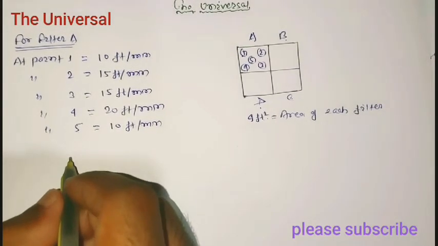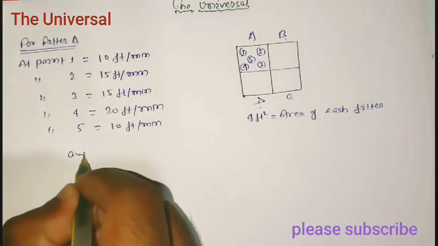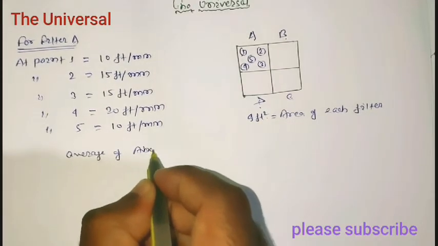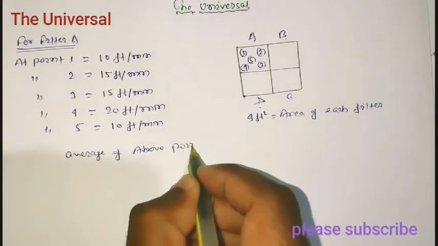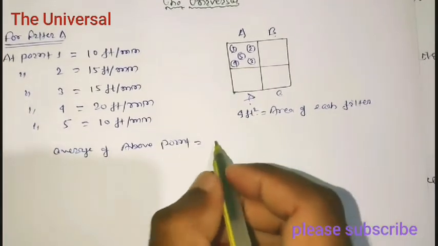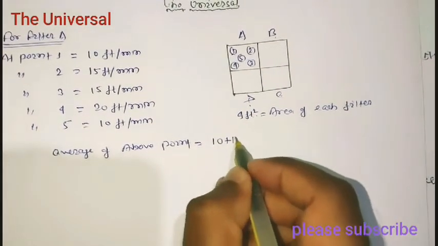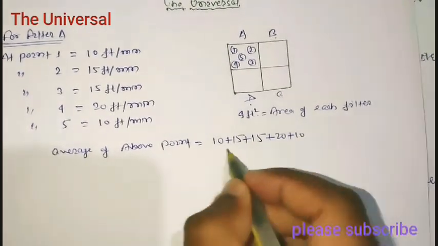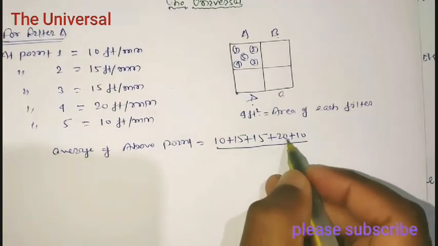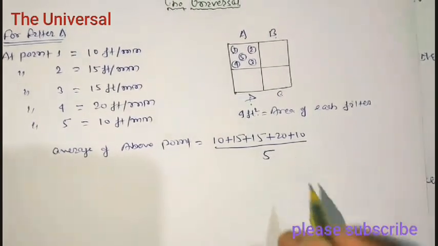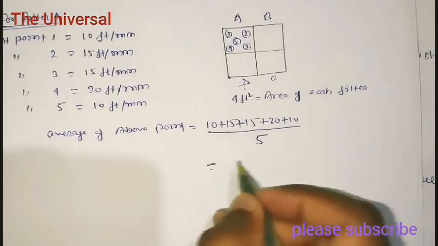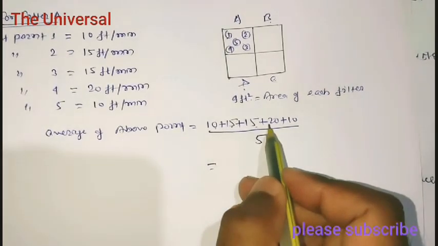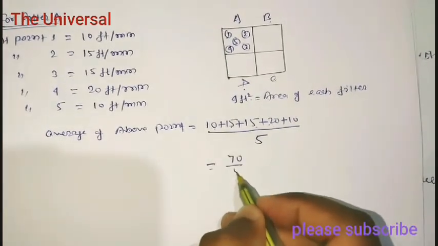The average is equal to 10 plus 15 plus 15 plus 20 plus 10. How many points have we taken? 5, so we will divide by 5. 30, 40, 60, 70. 70 by 5.